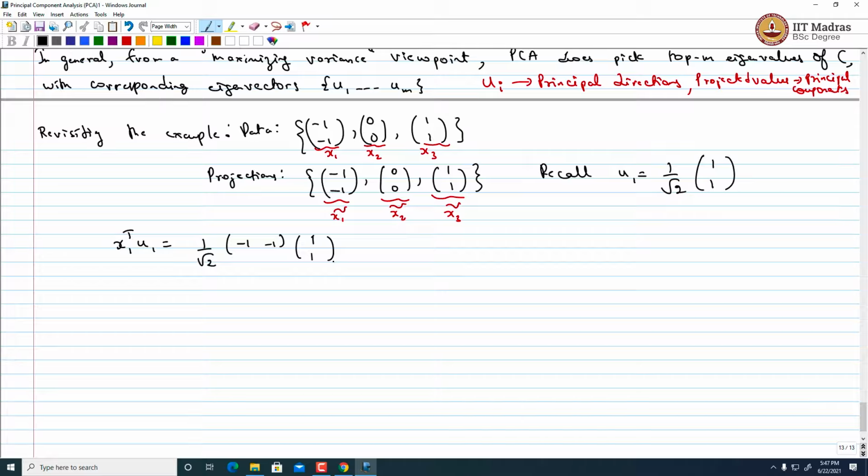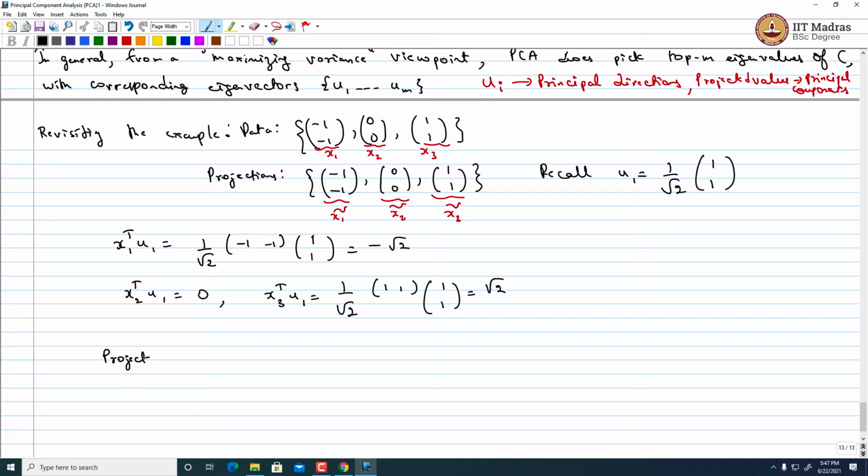So we're projecting onto the space spanned by u1, and this is minus square root 2. x2 transpose u1 equals 0, and x3 transpose u1 is 1 by square root 2 (1, 1) times (1, 1). This is square root 2.